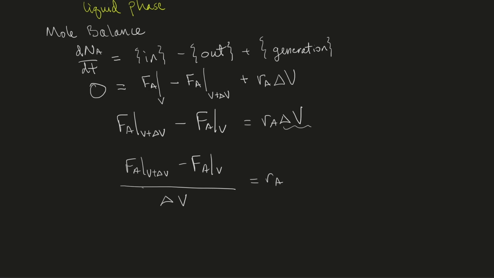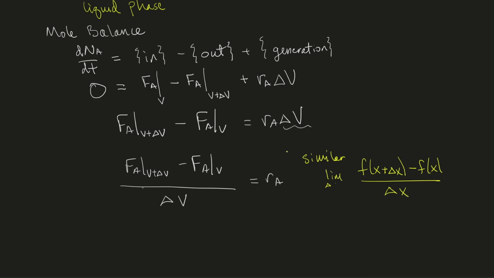is equal to our rate of reaction. Now this term right here may look familiar. This shows up in a lot of chemical engineering type problems. If you think back to calculus, this may seem similar to a definition of a derivative in calculus. So the definition of derivative is f of x plus some delta x minus f of x divided by delta x.